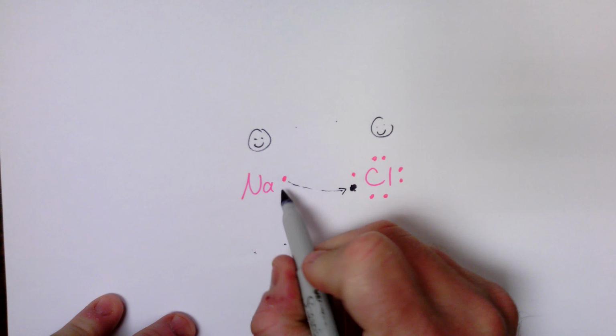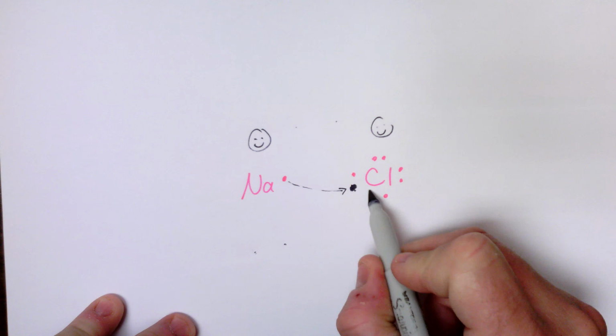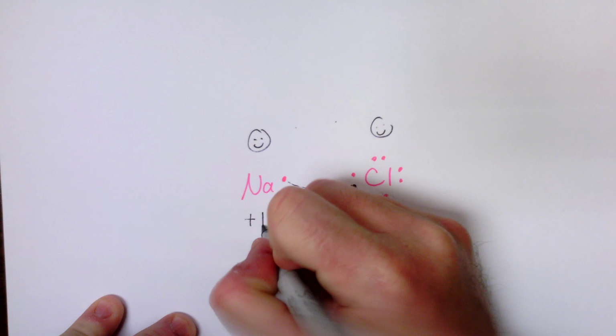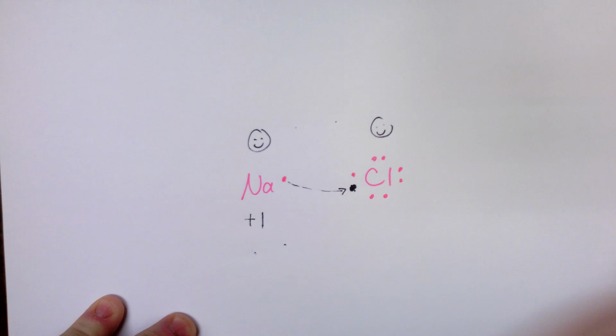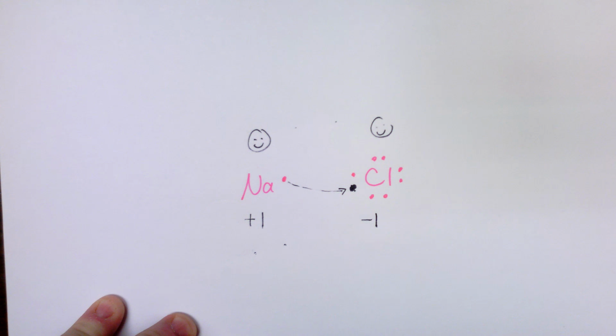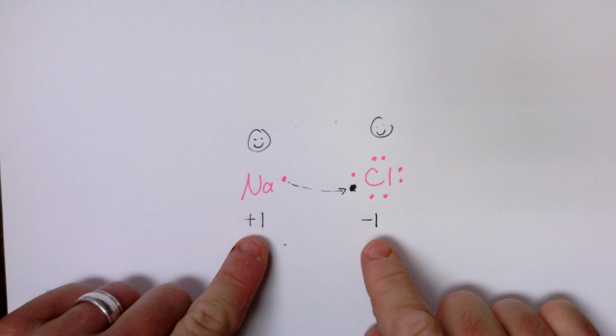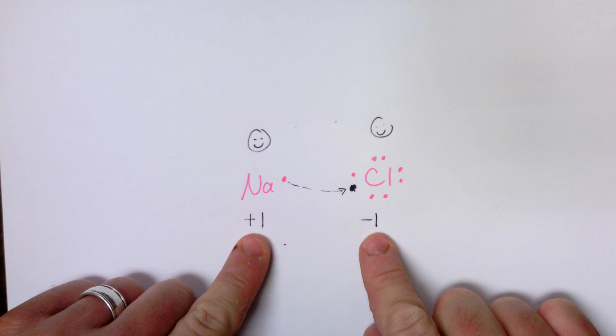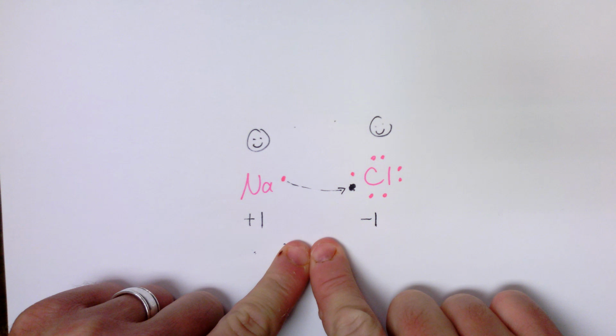The trick here is now that sodium has given up the electron, it has a positive 1 charge. Now that chlorine has taken the electron, it now has a negative 1 charge. Positive and negative things attract.